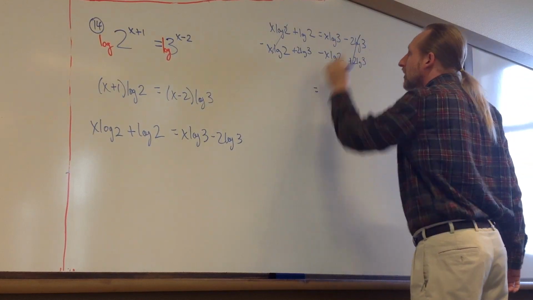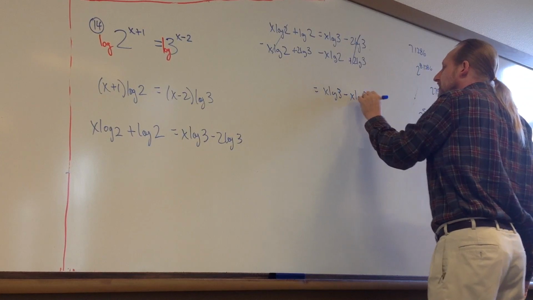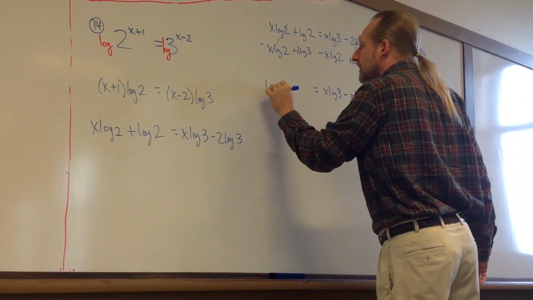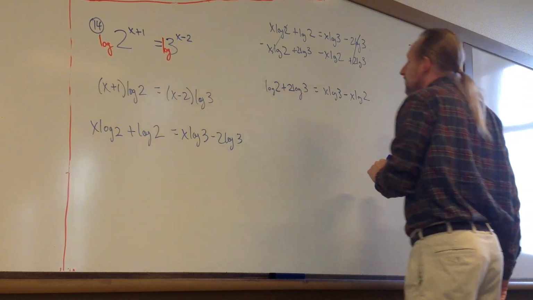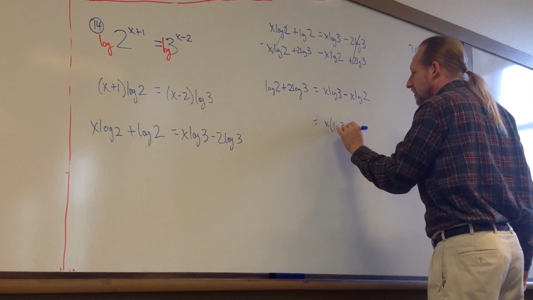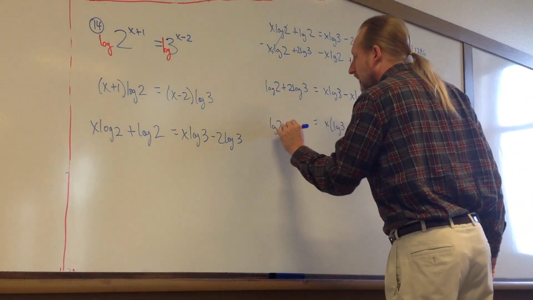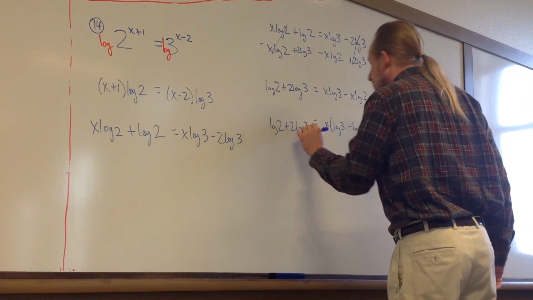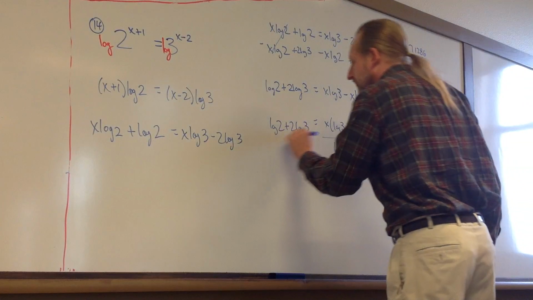So those cancel out. Over here we get x log 3 minus x log 2, and over here log 2 plus 2 log 3. And remember, the trick here is factor out the x, and then you can divide on both sides by the log of 3 minus the log of 2.